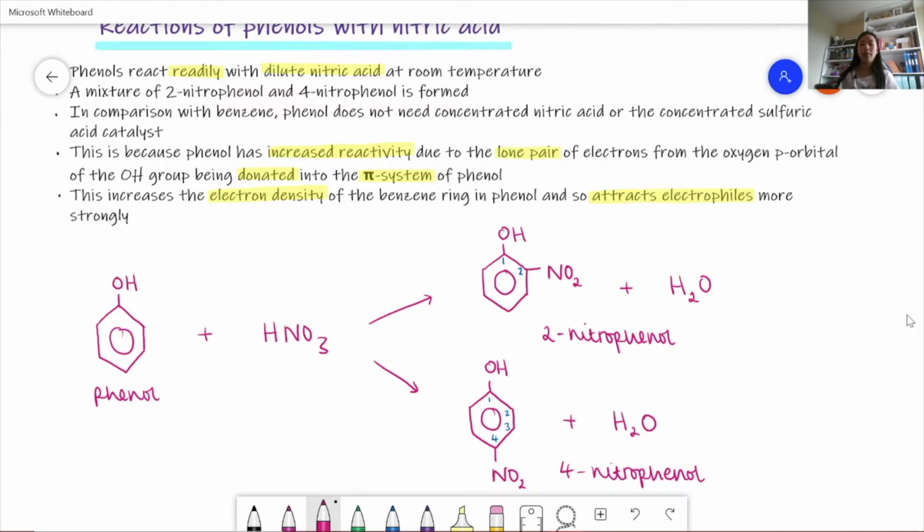So this is an electrophilic substitution reaction, because the attacking group is an electrophile, it's the NO2+ ion, and we're substituting that for a hydrogen.